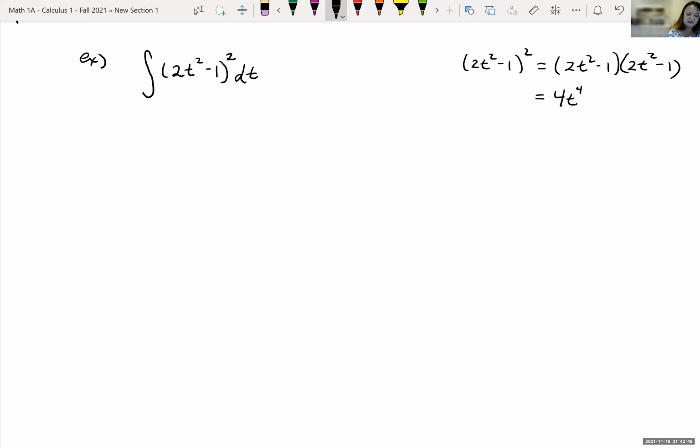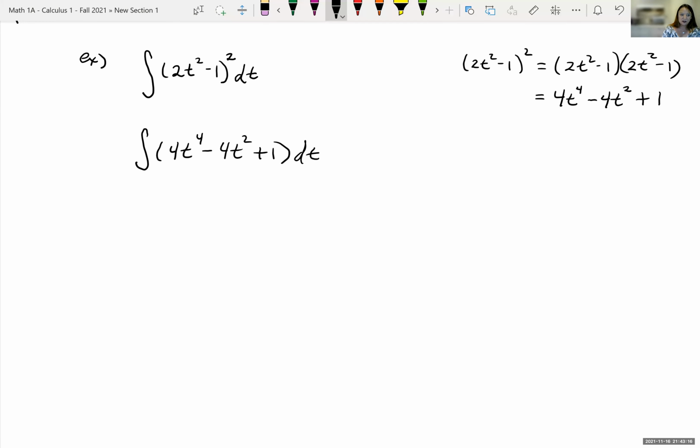We're going to have a negative 2t squared minus another 2t squared, that's a negative 4t squared. And negative 1 times negative 1 gives us plus 1. So we can rewrite our integrand as 4t to the 4th minus 4t squared plus 1 dt.